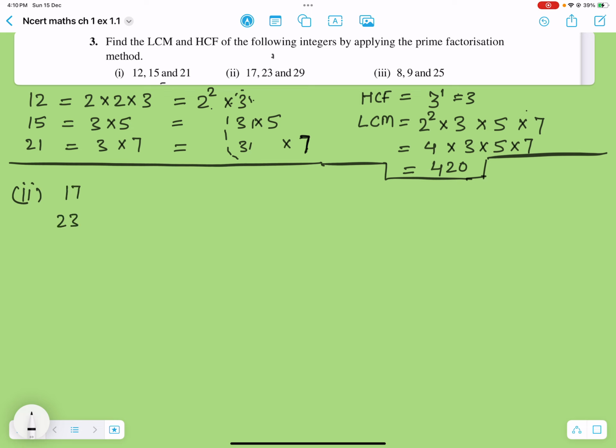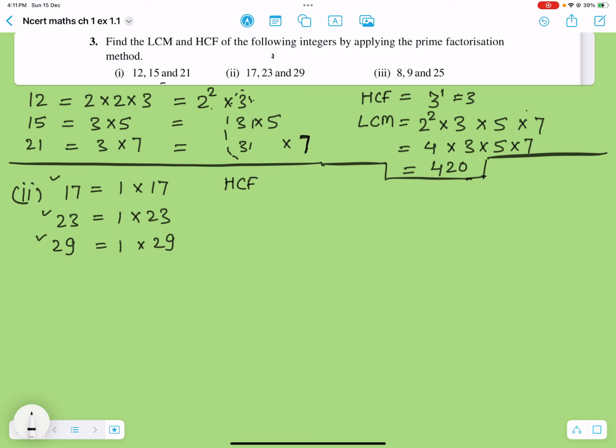17, 23 and 29. So 17 itself is a prime number, 23 is a prime number, 29 is a prime number. 17 can also be written as 1 multiply 17, 23 can be written as 1 multiply 23, 29 can be written as 1 multiply 29.